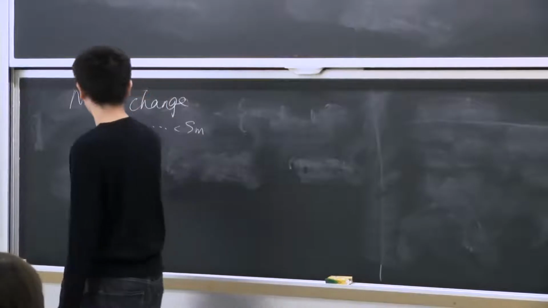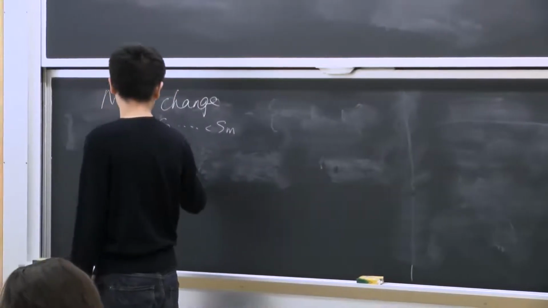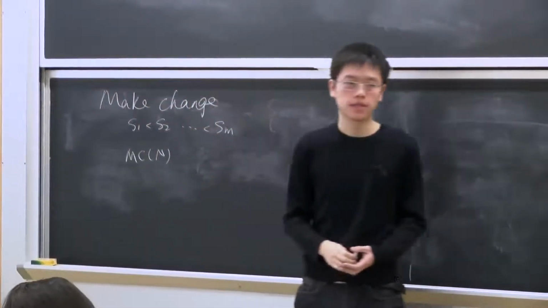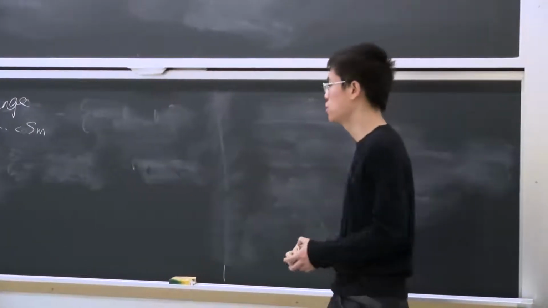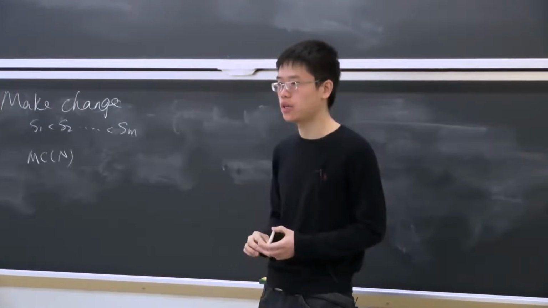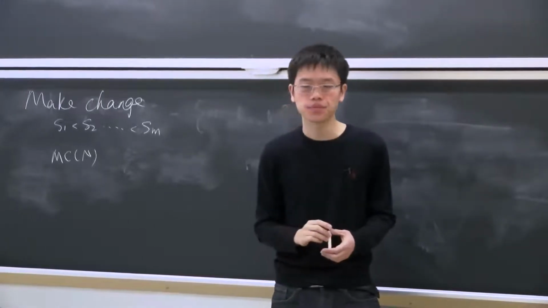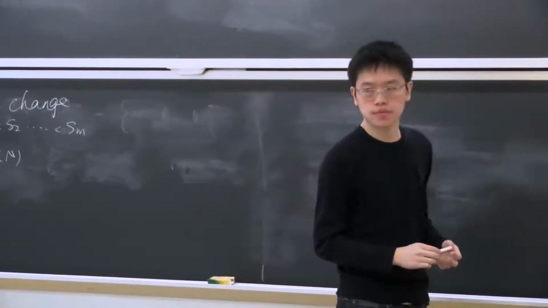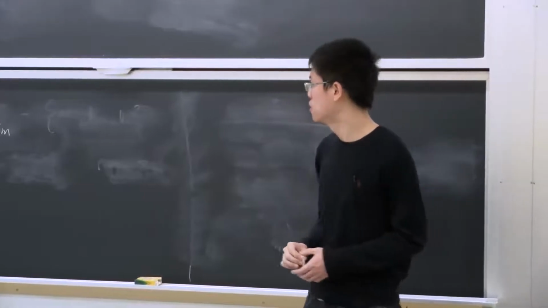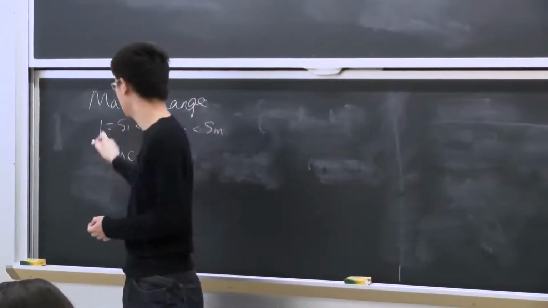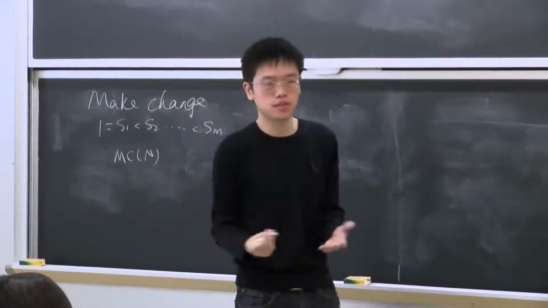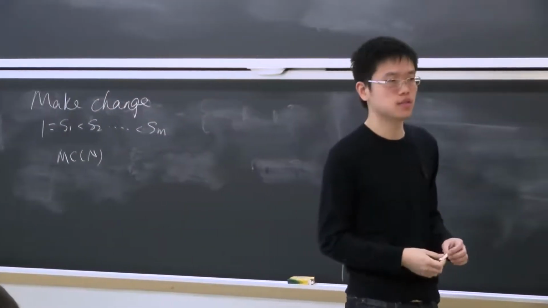We're going to make change for a total of n cents, and ask: what's the minimum number of coins I need to make change of n cents? To guarantee that we can always make this change, we'll set S1 to be 1. Otherwise, there is a chance that the problem is unsolvable.